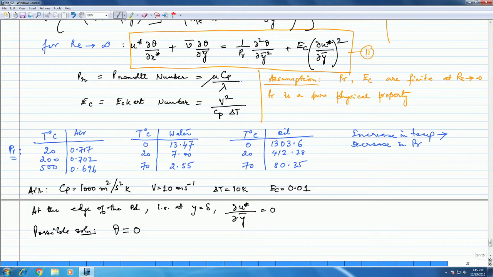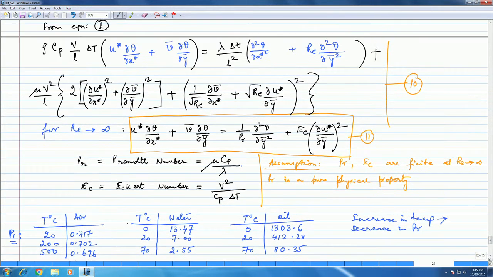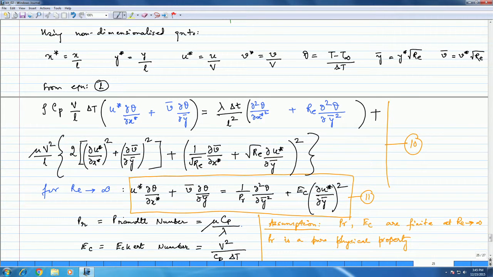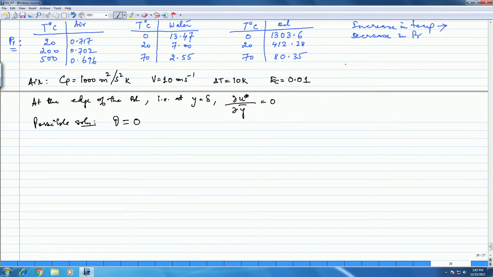Theta is 0, which means what? Theta is defined as T minus T infinity by delta T. That is what I have defined. So, if theta is 0, this implies that T is this, which means that at large distances away from the wall, the temperature of the boundary layer edge is equal to the free stream temperature.